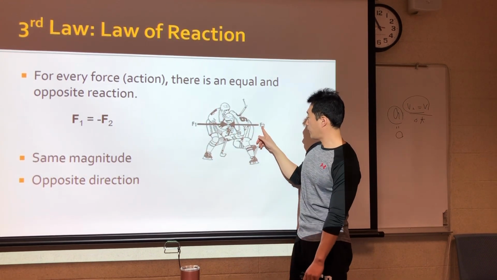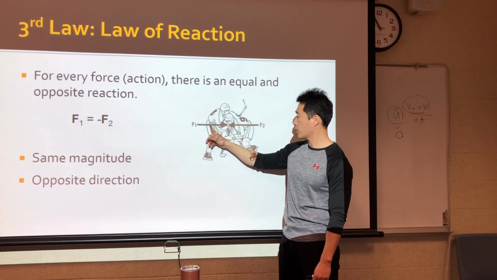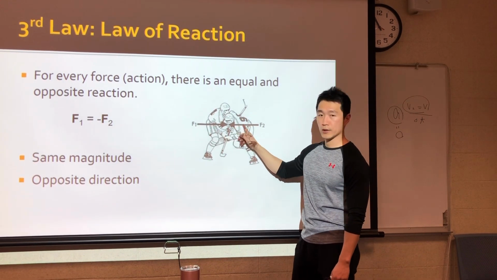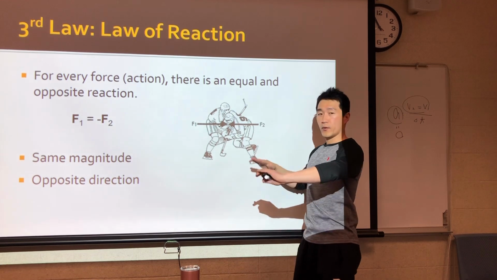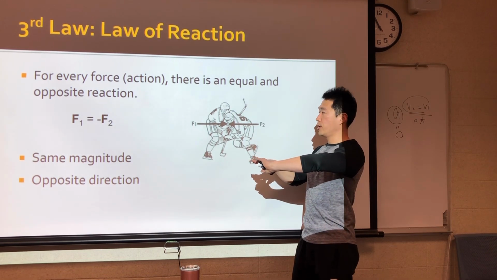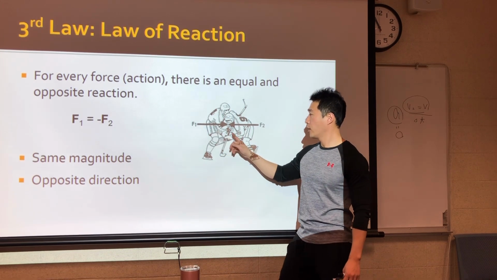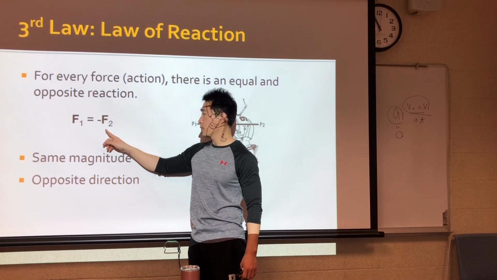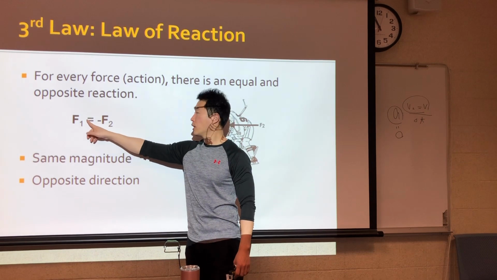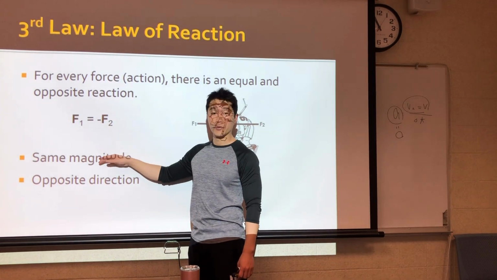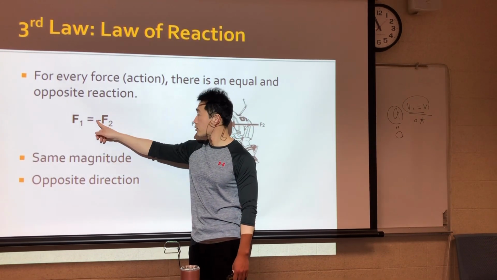F1 is the force coming from this guy, and F2 is the force coming from this guy. When they collide with each other, the magnitudes of the forces F1 and F2 must be equal to each other. Here, equal means the same magnitude, but this one is minus.